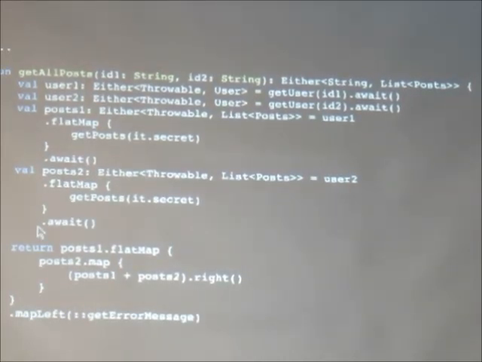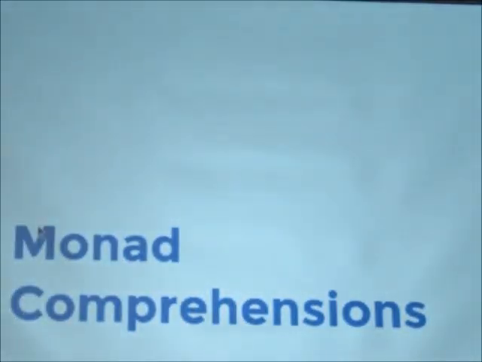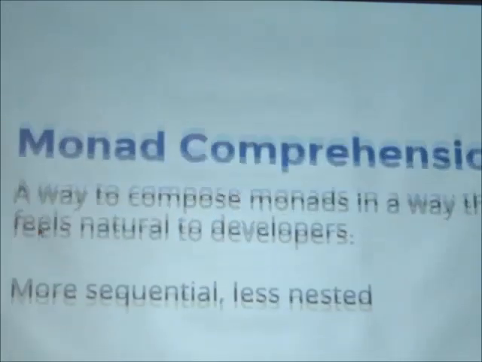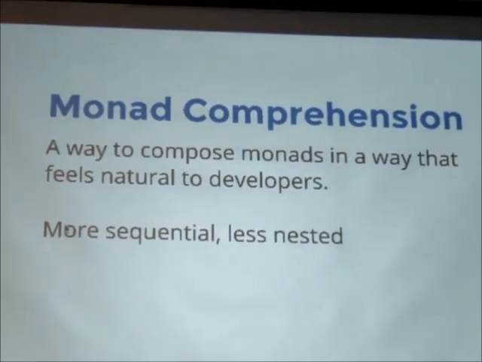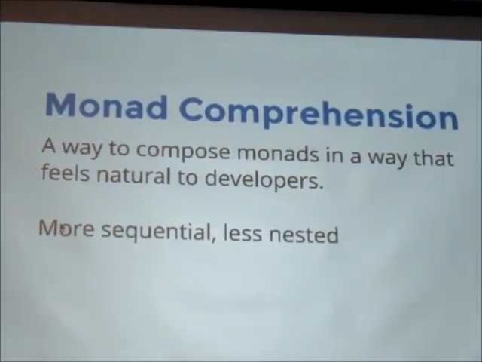So you get a lot of benefits from monads, but then you also have to write code like this, right? So there are solutions to that, and it's called monad comprehensions. People recognize that it's easier for developers to write code sequentially.